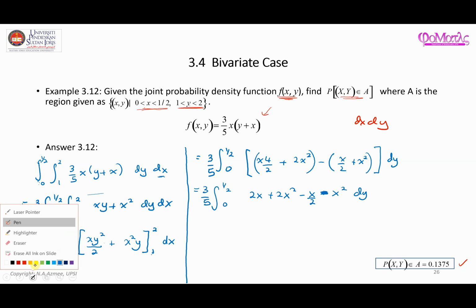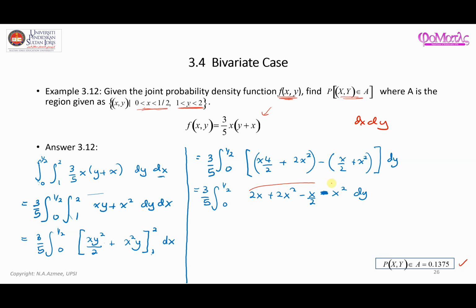I think you can also see that this part can be simplified: 2x minus x over 2 is going to be equal to 3 over 2x. You consider this and this. And then 2x squared minus x squared, it's going to be plus x squared.